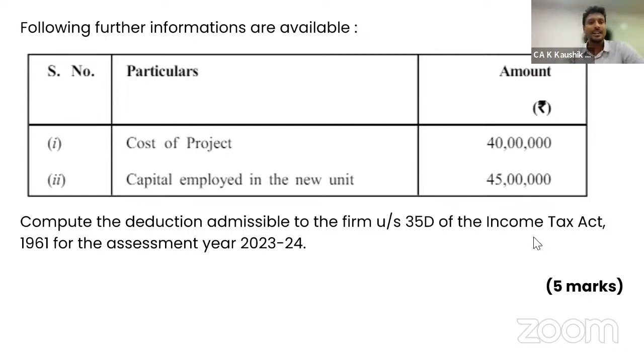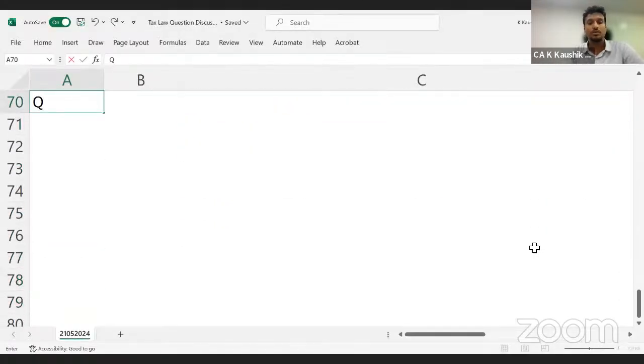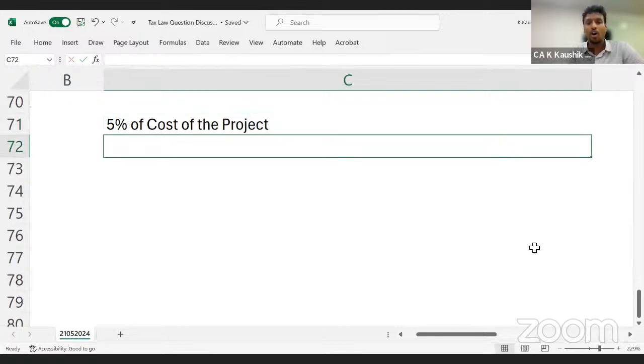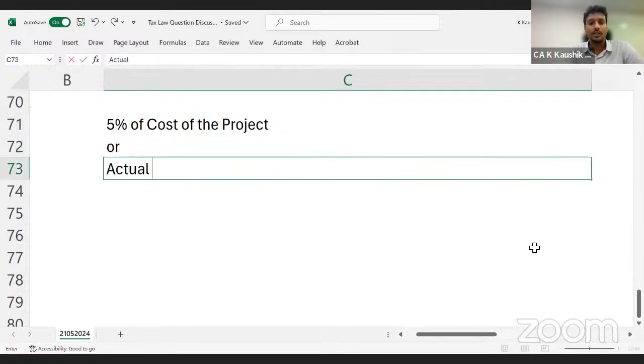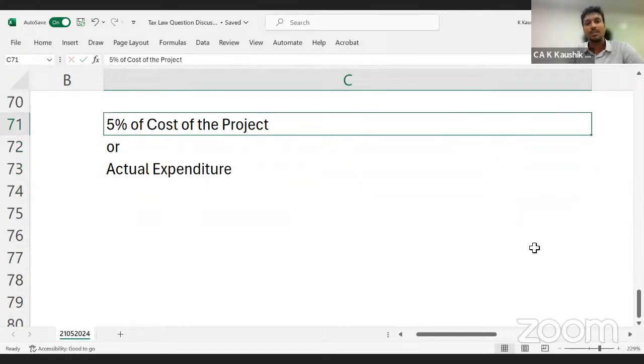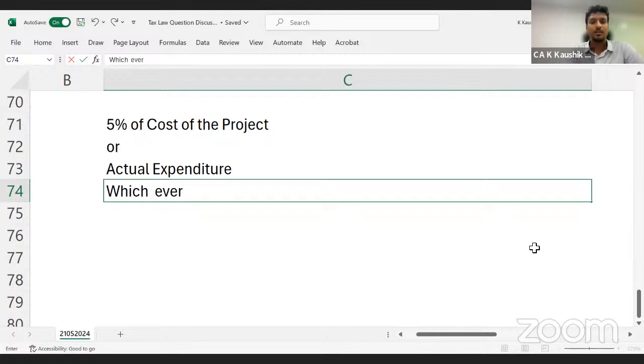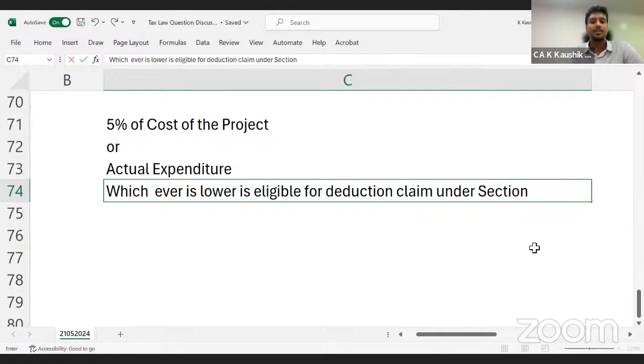So if we quickly calculate, question 2, part A says 5% of the cost of the project or actual expenditure, whichever is lower, is eligible for deduction claim under section 35D.